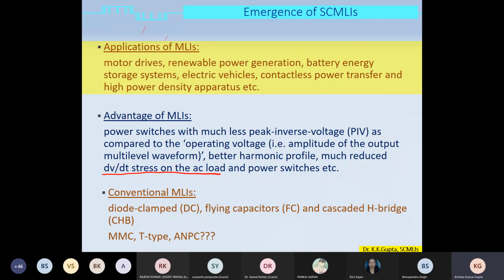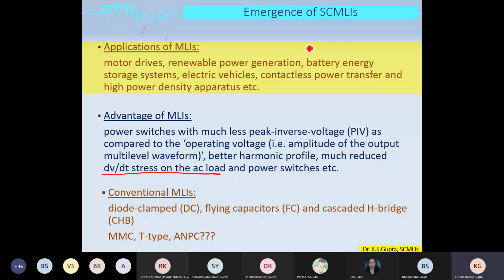This is important, especially for renewable energy applications where we use a filter before connecting the energy system to the grid. The life of the filter is greatly enhanced if the dV by dt stress on it due to the inverter itself is less. Similarly, the dV by dt stress on the power switches is also greatly reduced.